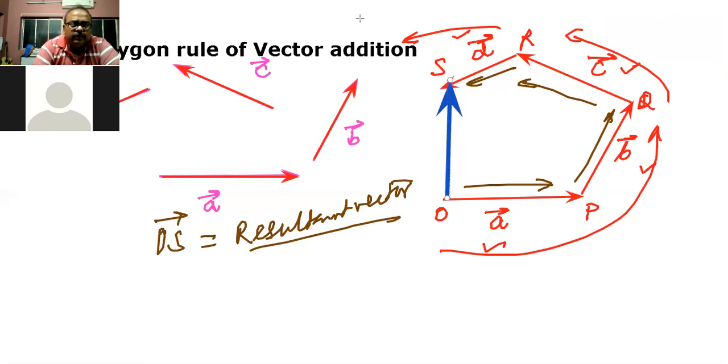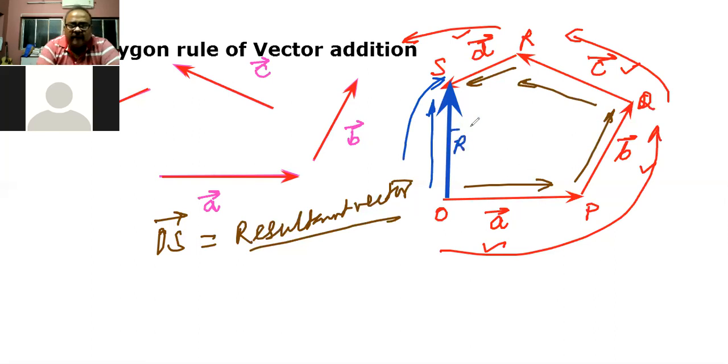Am I clear? So their resultant is represented both in magnitude and direction by the closing side of the polygon, but taken in opposite order. Can you see? We have taken the vector in anti-clockwise direction, but the resultant we have taken in the opposite order. So what can I say?